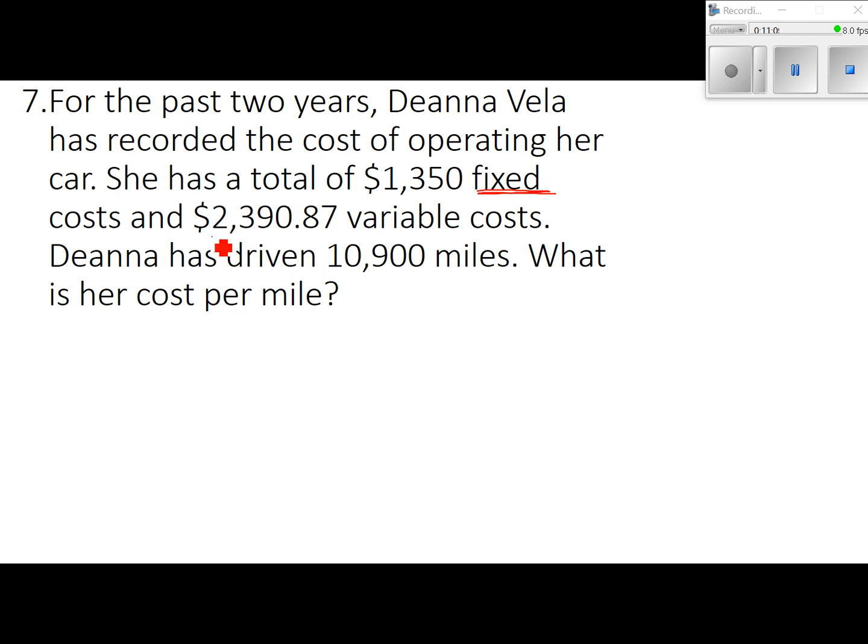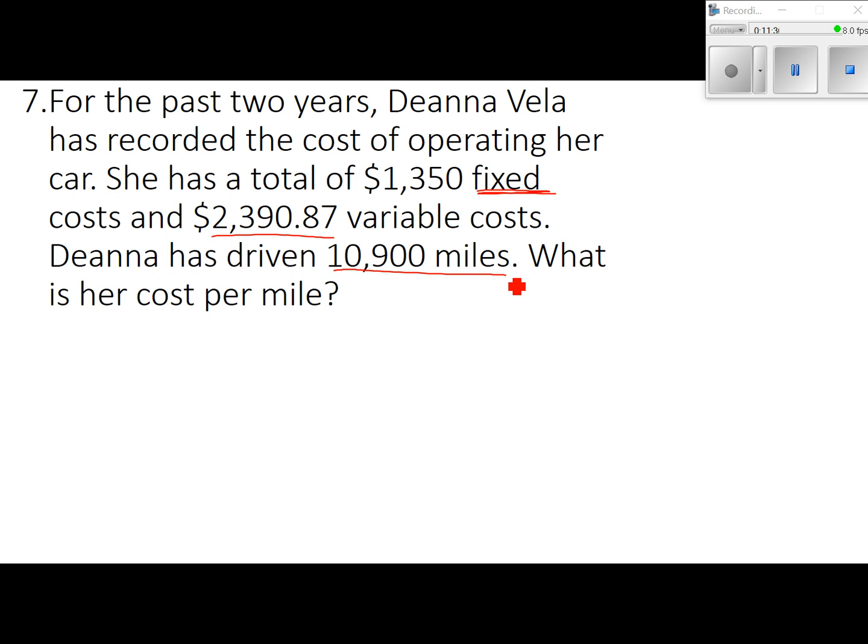Variable costs are gas, oil changes, new tires, any kind of other repairs on the car. She has driven the car 10,900 miles in those 2 years. She must not drive the car very much because that's pretty low. That's only a little more than 5,000 miles a year, and that's very low on a car.